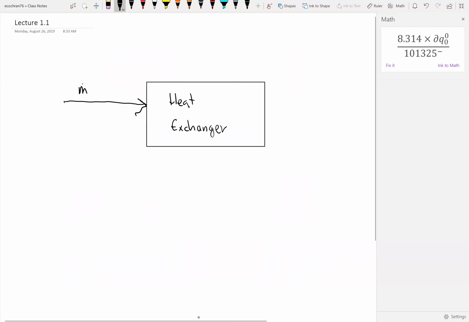M dot H2O. Maybe you have some water going into it, and it's just a heat exchanger. And so you have water going out of it.